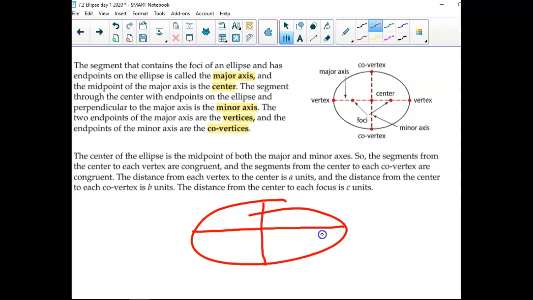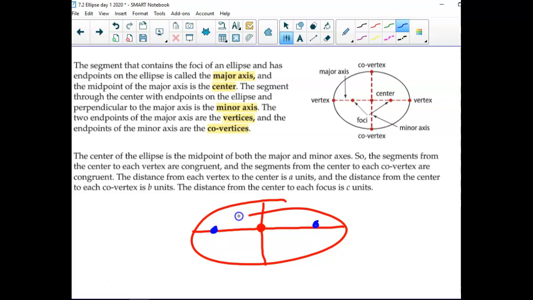So one is called the major and one's called the minor. Does that seem okay? All right. There's still a center. Now, where do you think those focus points are going to be? Yes, they are always on the major axis. Does that make sense from when we were drawing up there?